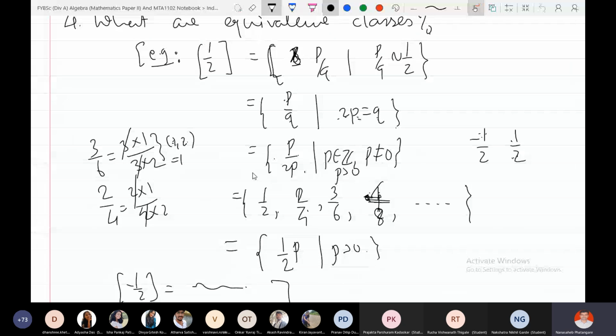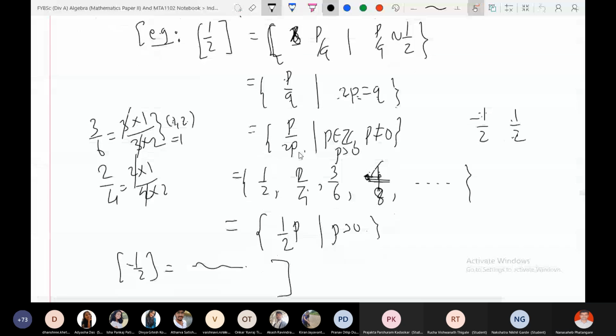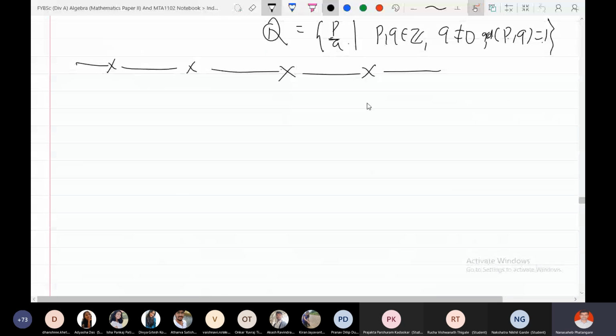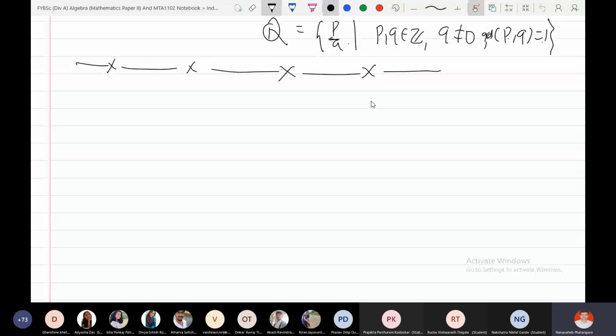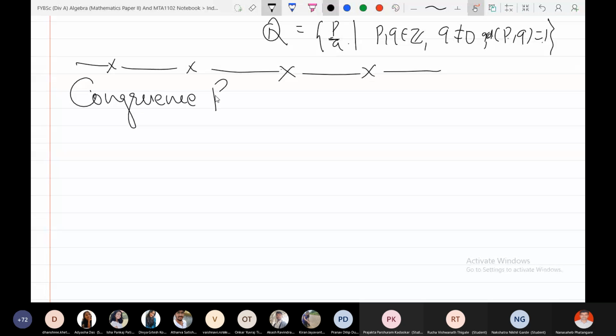Okay, so we'll generalize this idea to some very special set. So that is the congruence relation, and modular arithmetic.